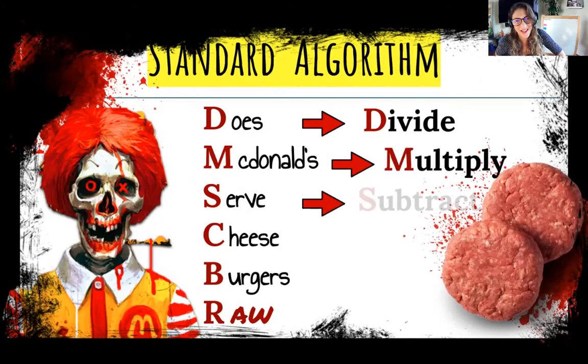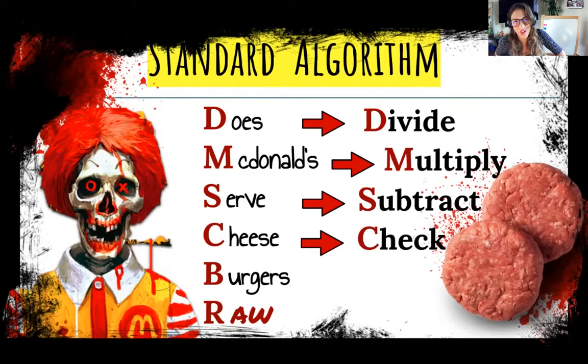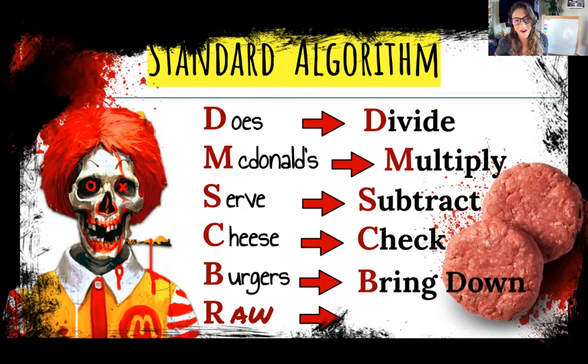Subtract. This one, let's see if we remember. C. Check. We have to check our work throughout our problem, not just at the end. I'll show you that in a minute. Burgers? Bring down. Good. And raw, the very zombie part, repeat.